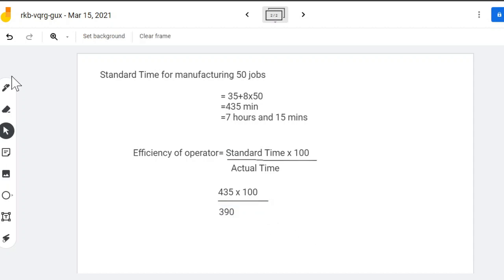So, how much is the efficiency of the operator? His efficiency is 111.5%.